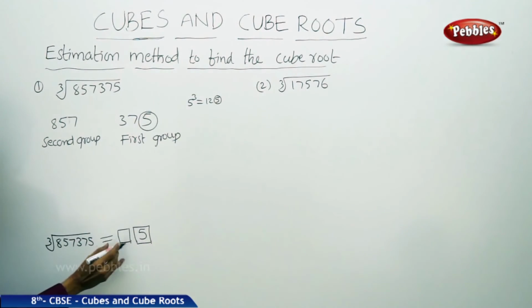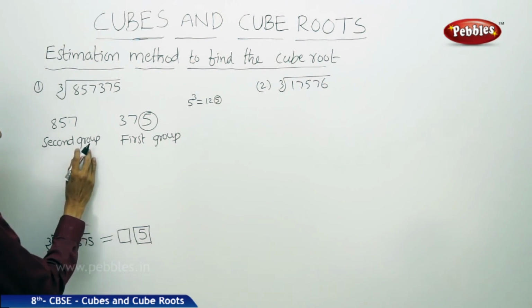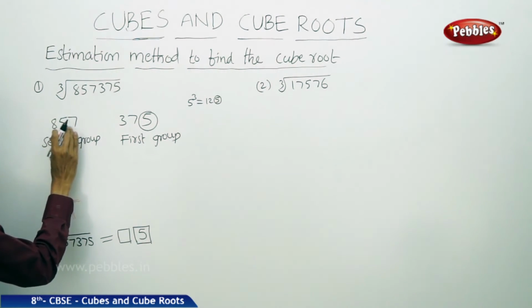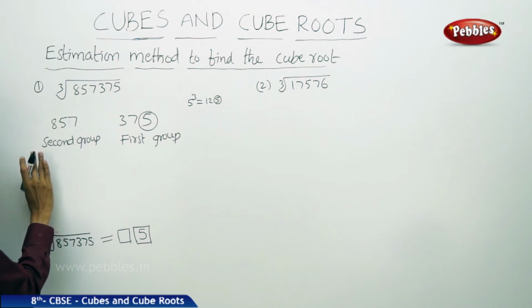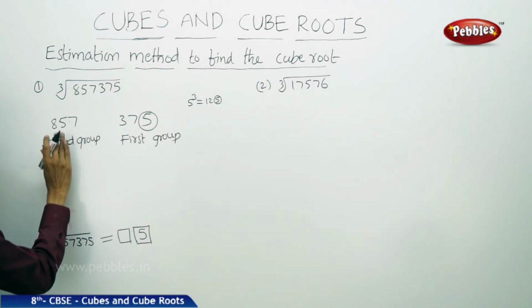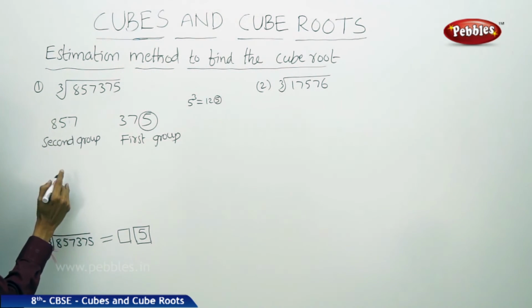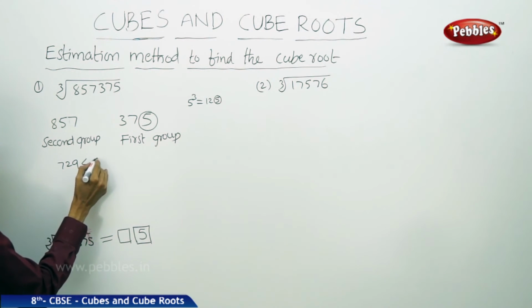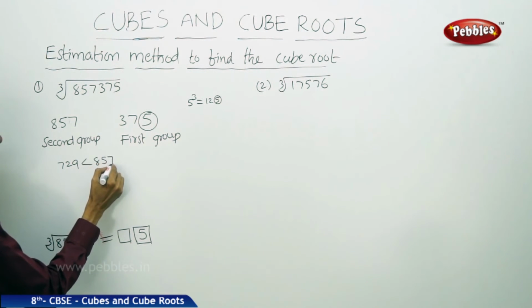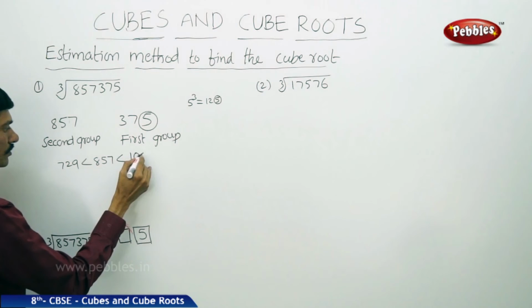Next we have to find the tens place. For that consider the second group, that is 857. What are the perfect cubes which are less than and greater than the second group? Those two are 729 less than 857 less than 1000.